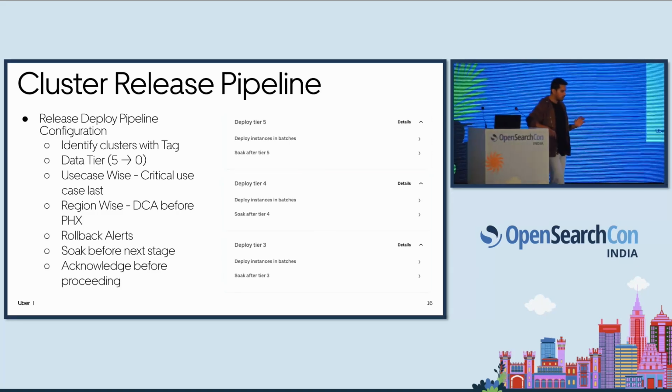So like I said, a cluster release pipeline on the right is basically a codification of a natural order of clusters that you want to proceed. And within the clusters, you also want to define what is the first region that you want to deploy in, what is the first zone that you want to deploy in, what are the alerts that you want to monitor for every step before moving on to the next step.